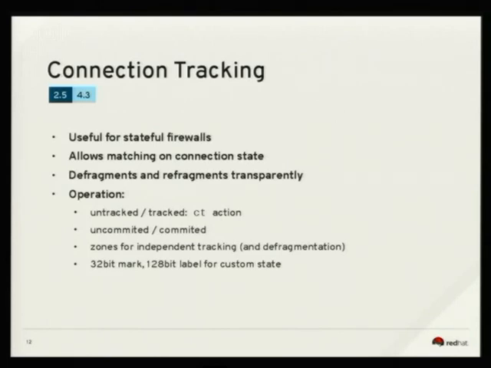So, connection tracking. That's the coolest feature that came with OVS 2.0 or will come with OVS 2.5. You will need kernel 4.3 at least for this to work. And this really adds connection tracking to OVS, meaning you can finally do stateful firewalling in OVS.